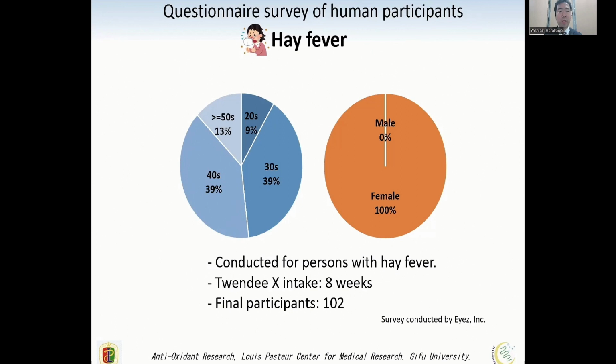First, hay fever. There were 102 participants ranging in age from 20s to over 50s who were all females. All participants were asked to take 20X for 8 weeks, and how the symptoms changed after taking 20X was surveyed.